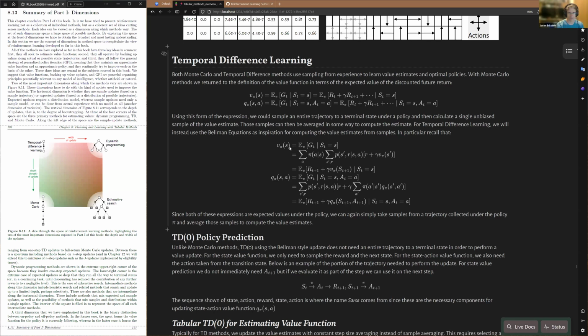Now we had this other equation for the value function, the Bellman equation. This is the Bellman equation for the state values and for the state action values. You can also write this in terms of an expected value. You notice both of these expected values look like things that we can sample from as well.